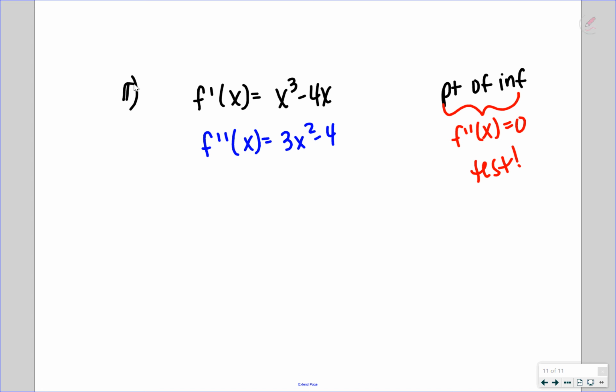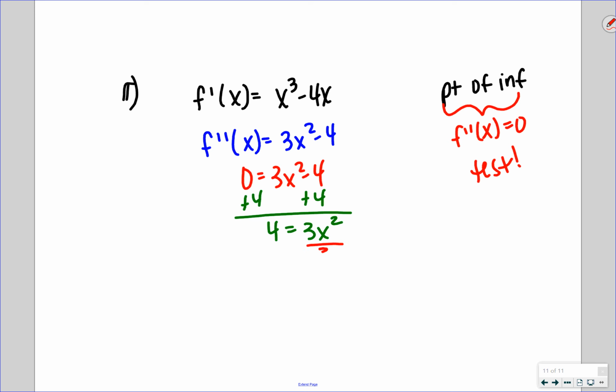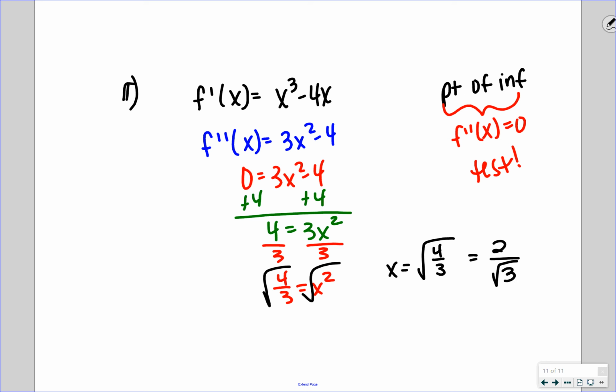Set it equal to 0. 0 equals 3x squared minus 4. I'm going to add 4 to both sides. 4 equals 3x squared. Divide by 3. 4/3 equals x squared. Square root. So I typically would say square root of 4/3. If you look at your answers, they square root the 4 and give it a 2 and leave a square root of 3 on the bottom.